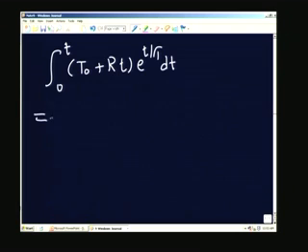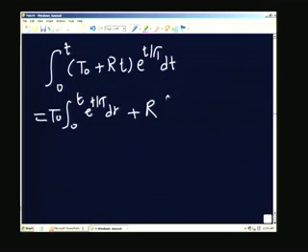This can be written as two integrals, plus R times integral 0 to t t e to the power of t by tau dt.